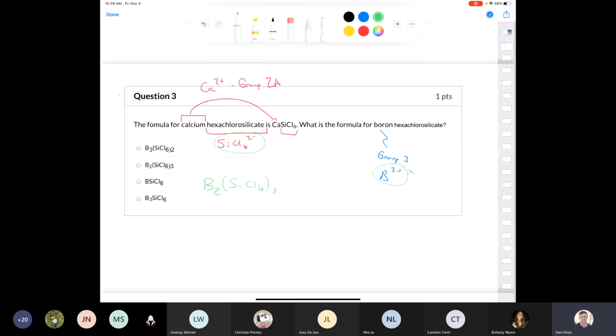Because +3 times 2 gives you +6, and -2 times 3 gives you -6, and we want those to balance out. So the correct answer is B2(SiCl6)3. It's this one right here.